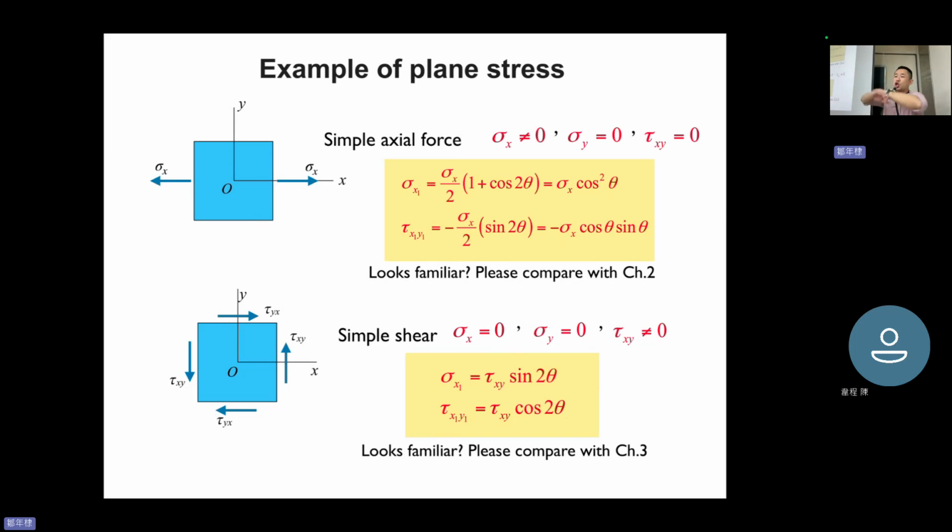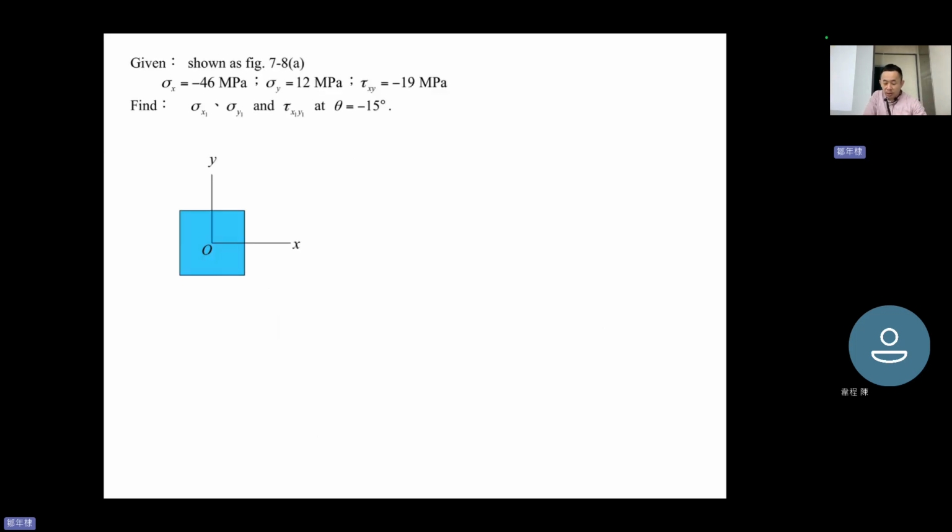Chapter 7 is the general case. What is general? It is more general, not a special case, and applies to all cases. Very nice. So you are now ready to do this problem.